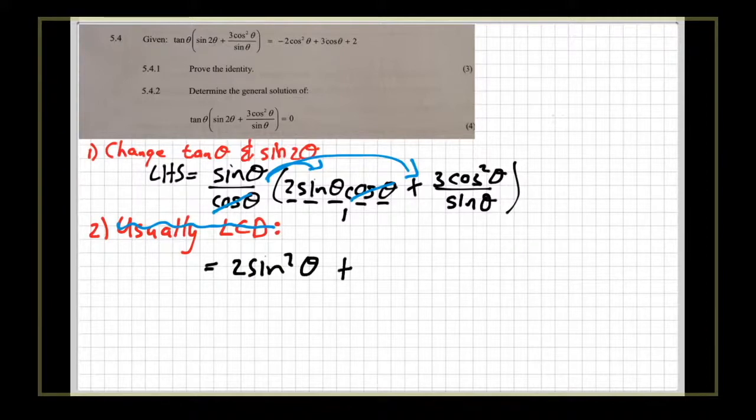Plus, if I do the same now with the back one, I see that that sine divides away with that sine, again leaving me with no fraction at the back.